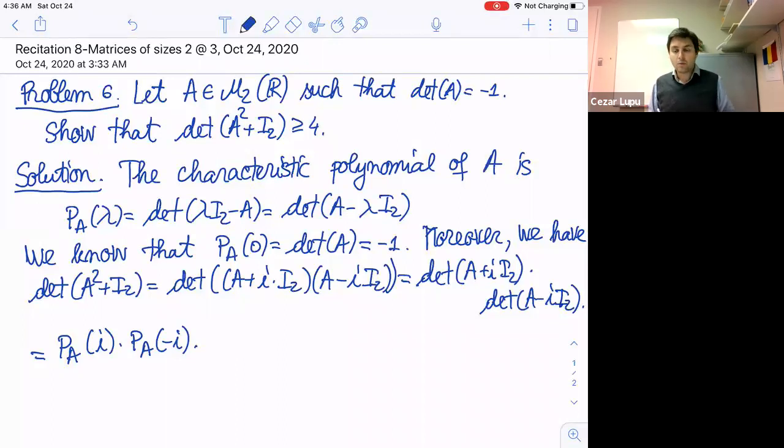We know the characteristic polynomial is a quadratic polynomial, so we know exactly how to write it.